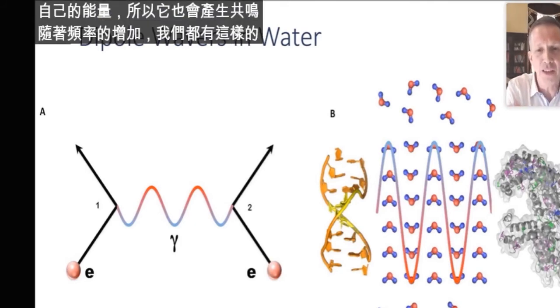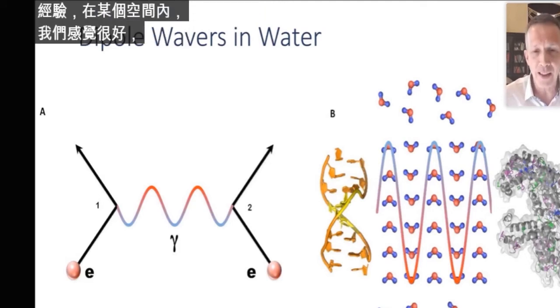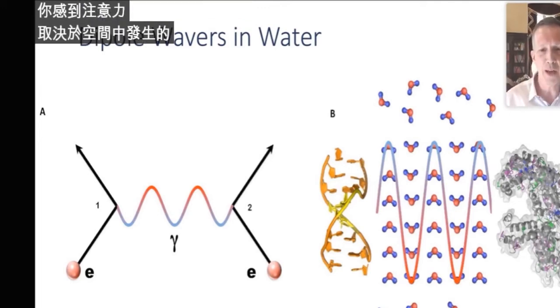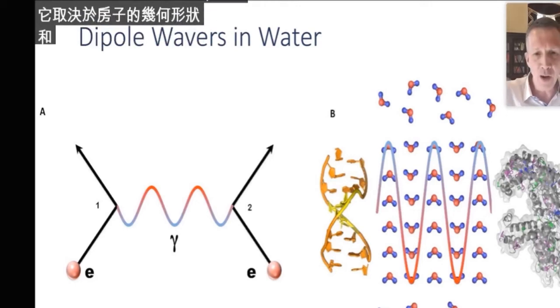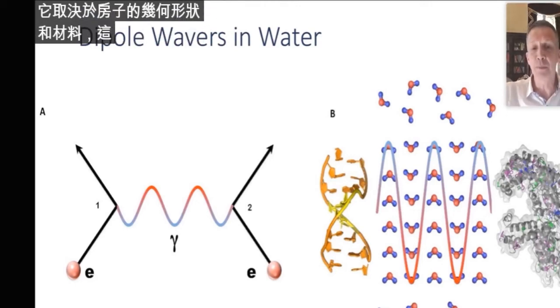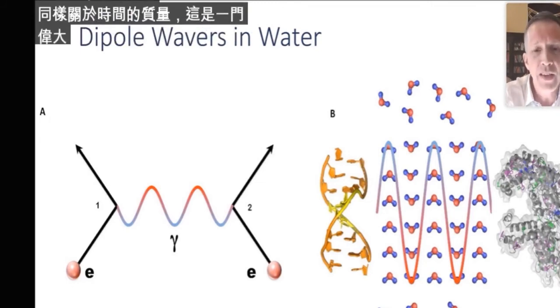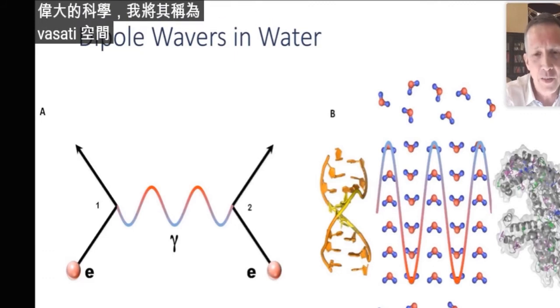And we all have this experience that within a certain space we feel very well, and in other spaces we feel a tension. It depends on what has happened in the space before. It depends on the geometry of the house and the materials, and it depends also on the quality of time. It's a great science which I have called Vasati, the science of space energy.